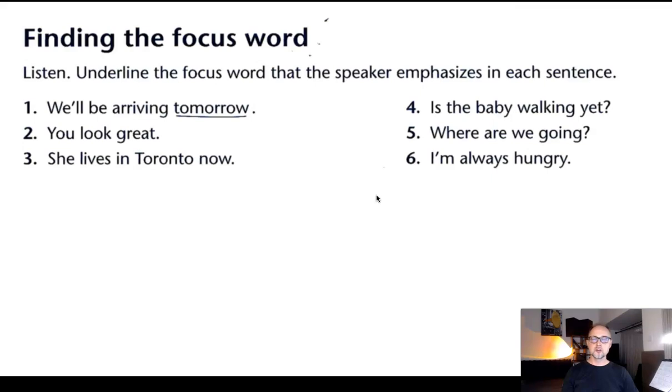She lives in Toronto now. 4, is the baby walking yet? Is the baby walking yet? 5, where are we going? Where are we going? And 6, I'm always hungry. I'm always hungry.